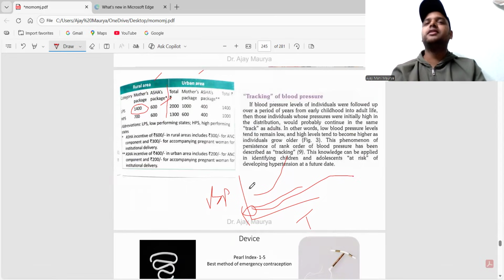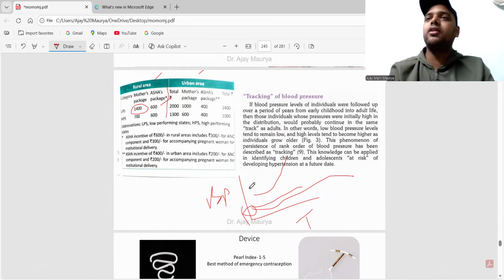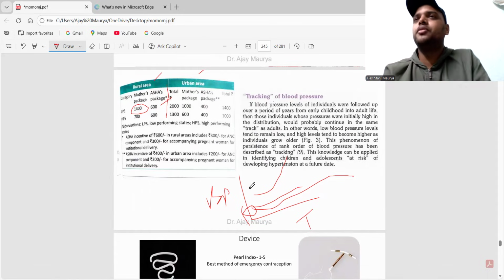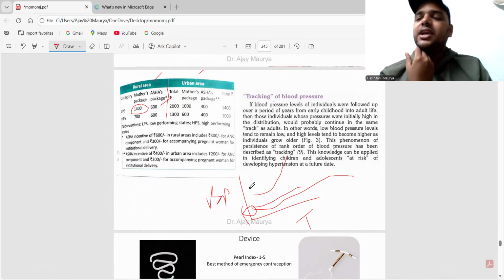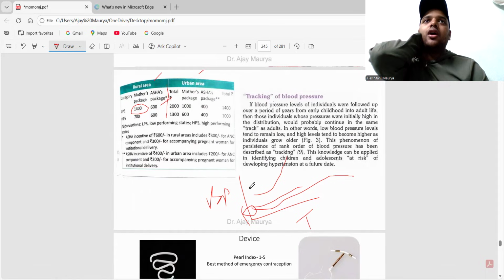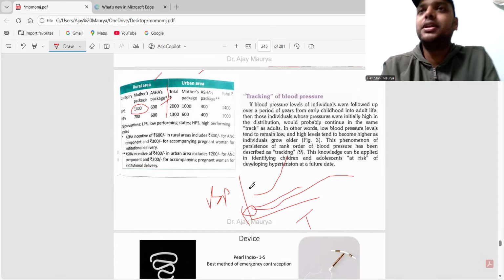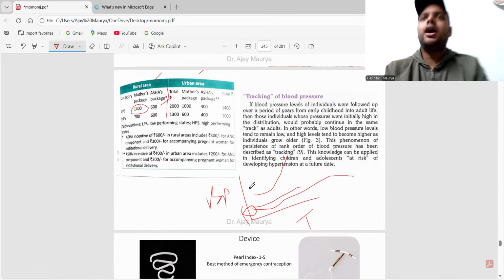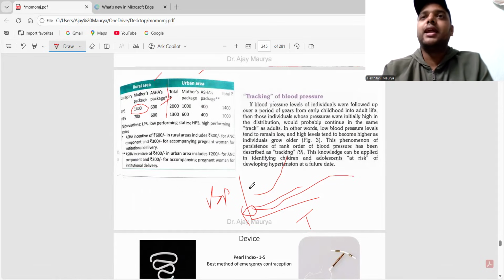That's why if you have low BP, your BP is going to be low for your whole life. From early childhood to adolescence, you have to always check the BP, so that you will know what problems you are going to face and what preventive measures to give the children. That's why blood pressure tracking is very important.